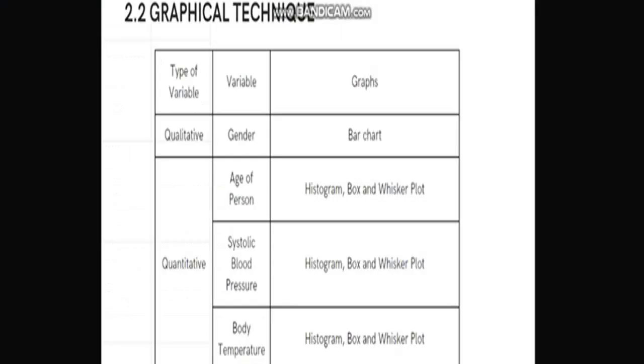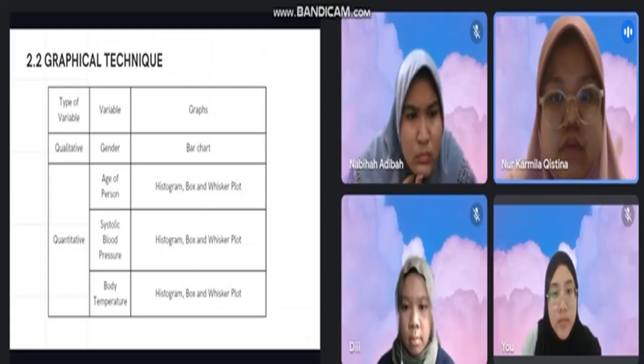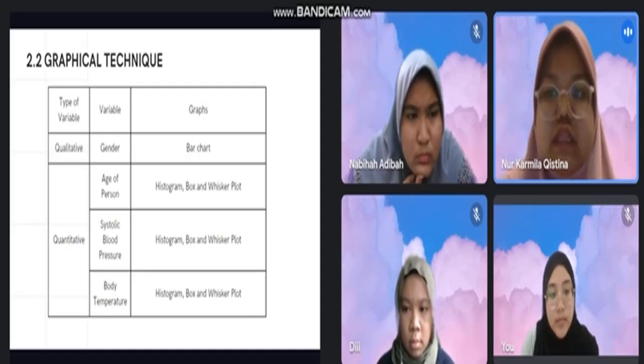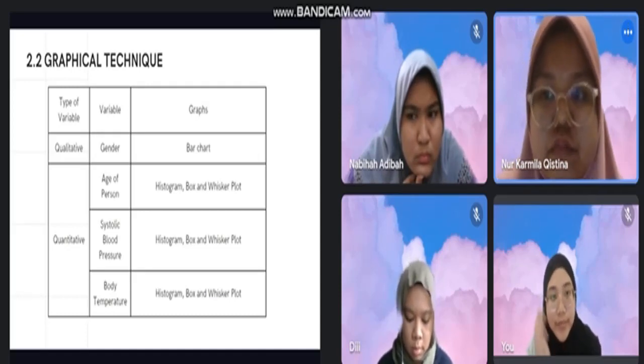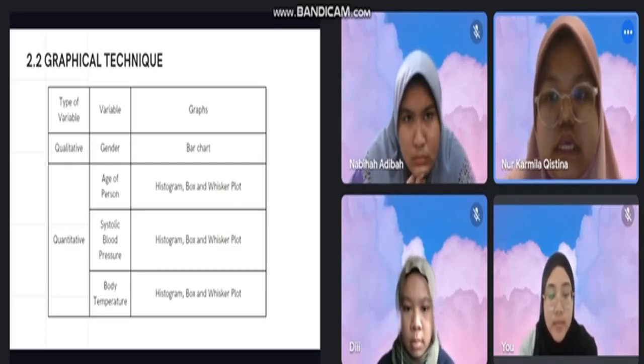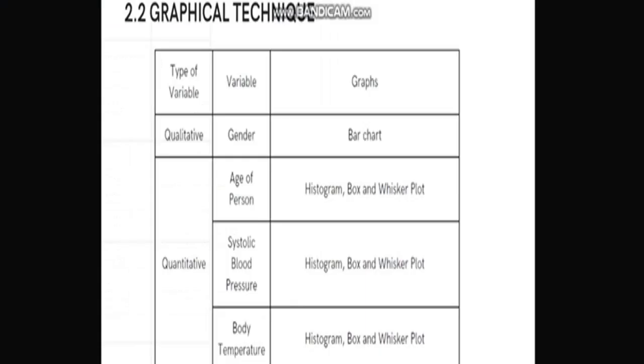Lastly, for graphical techniques is the box and whisker plot. A box and whisker plot can provide more information while enabling the display of different sets of data on the same graph. Box and whisker plots may combine data from several sources and present the findings in a single graph, making them incredibly efficient and simple to read.